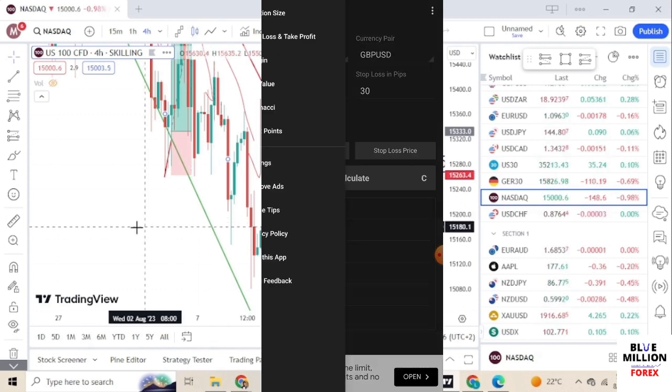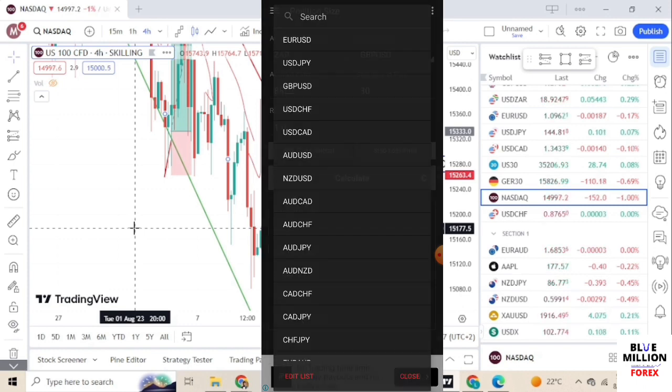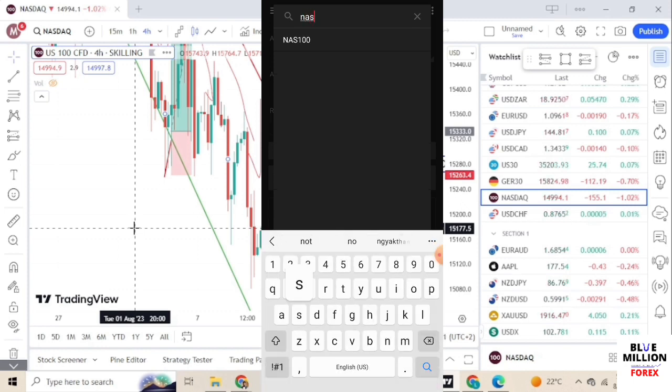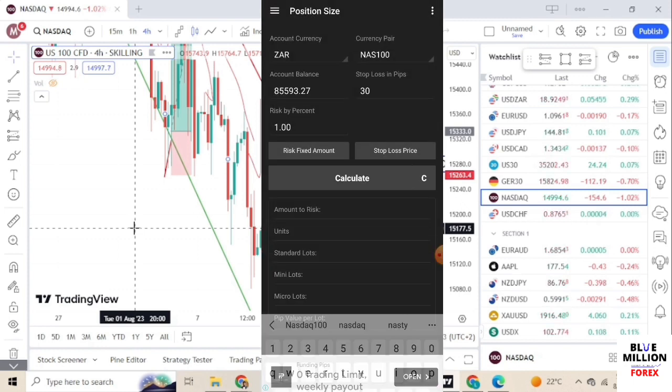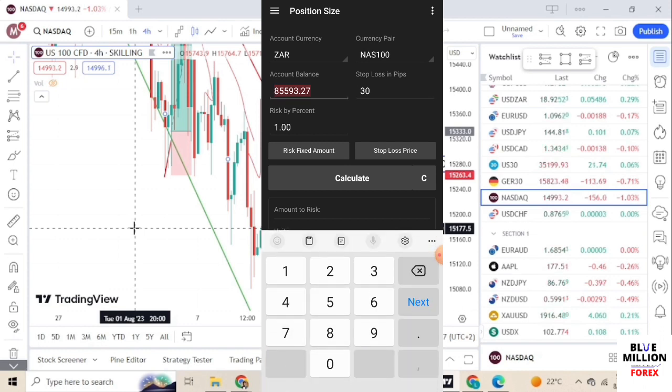For example, we want to click on the first one, called position sizing. Choose your account currency, whether it's ZAR, the South African rand, or USD, the United States dollar, whatever your account is. Here at the top, we type NASDAQ 100. Then you put in your account balance. Let's say you have 1,000 rand. You're willing to risk an amount of 300 pips.